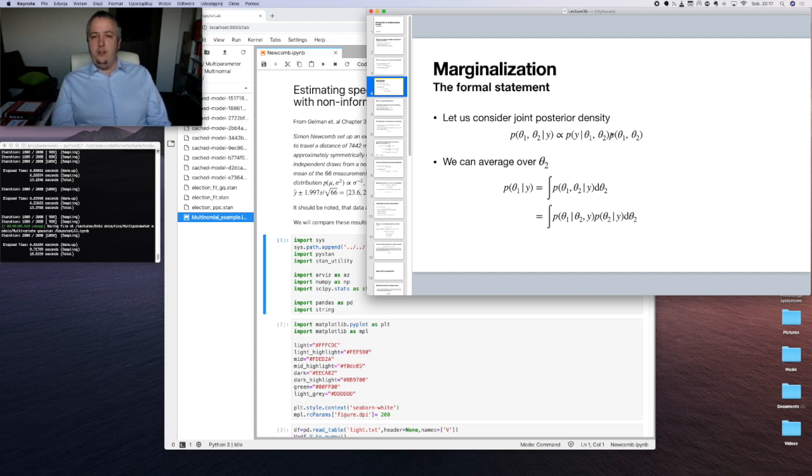Formally, having our joint posterior density, that is proportional to the likelihood times the prior on our parameters, we can average this distribution over the nuisance parameters. So in a way, we can integrate those parameters out of the equations. This is, of course, a formal statement of the problem.